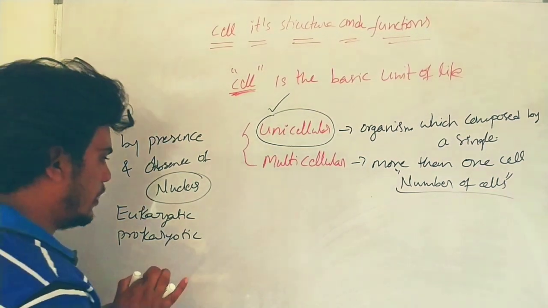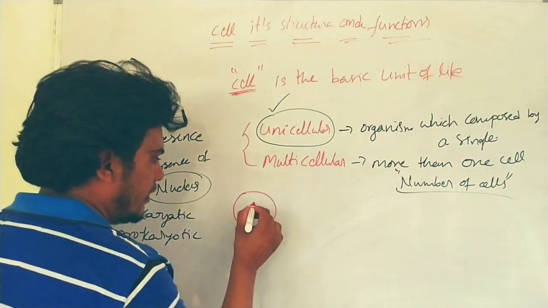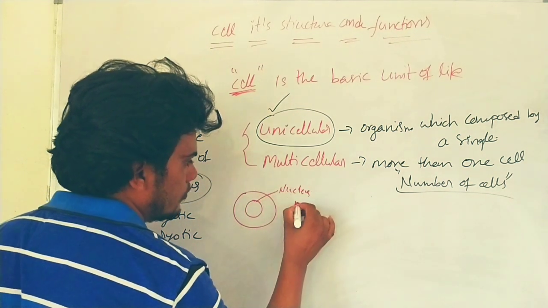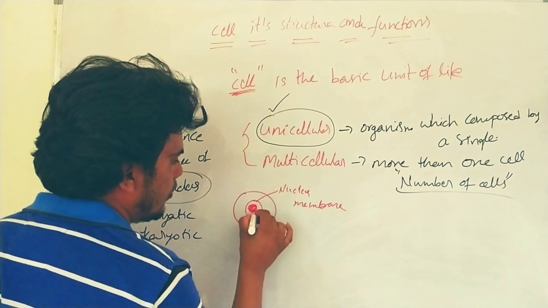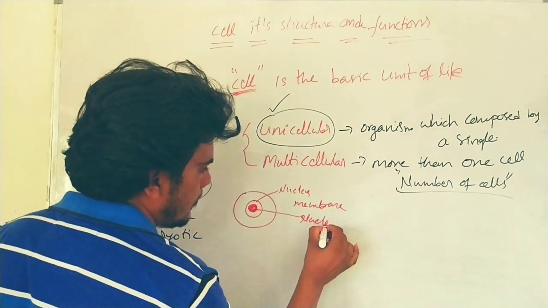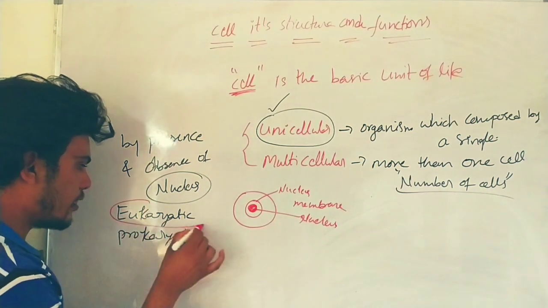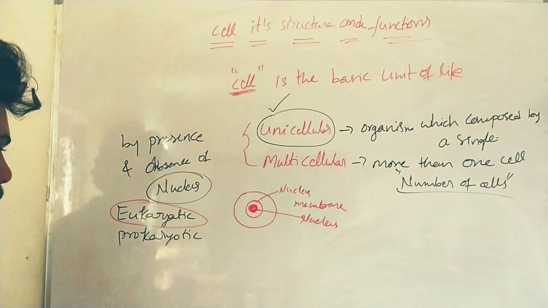Eukaryotic means that in the cell there is a clear nucleus membrane around the nucleus. Those cells are called eukaryotic cells, and those organisms are called eukaryotic organisms.